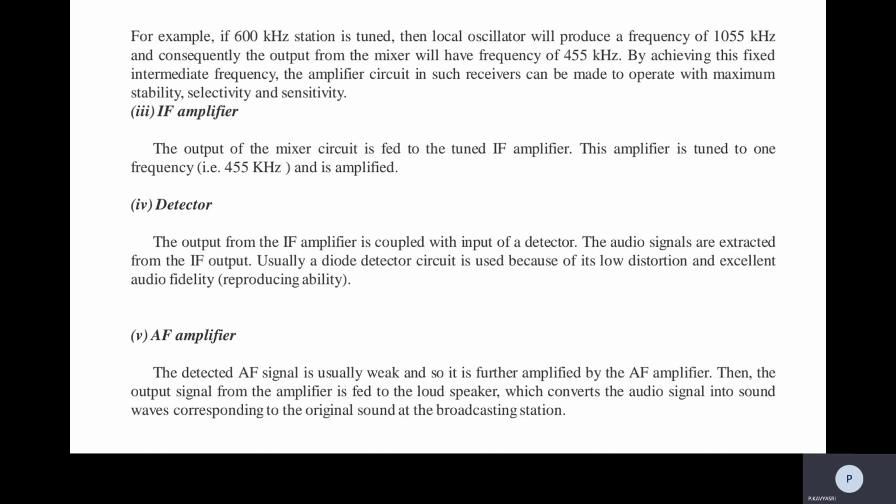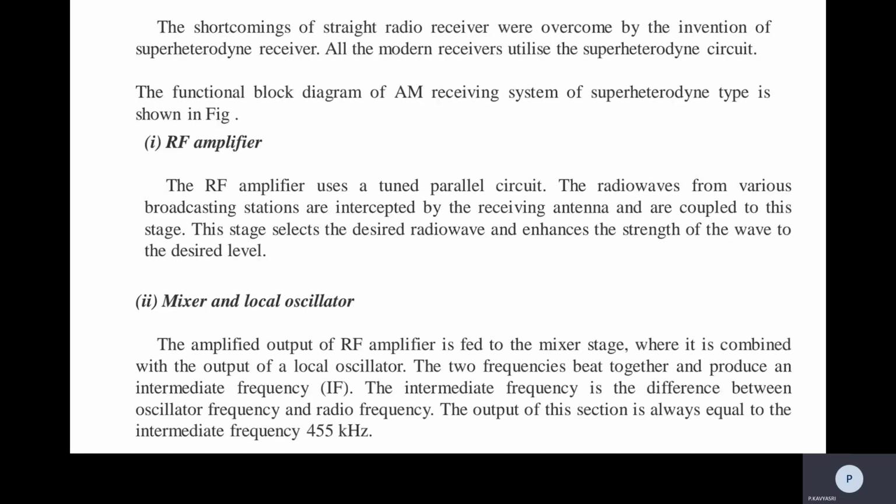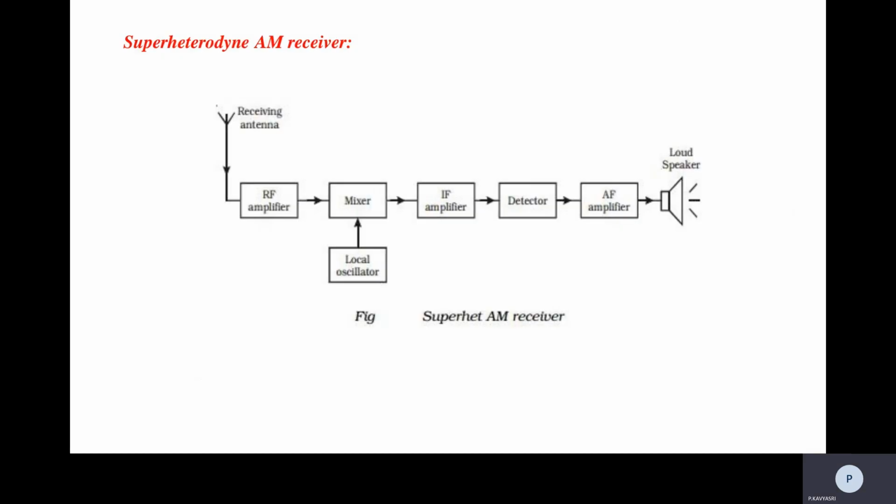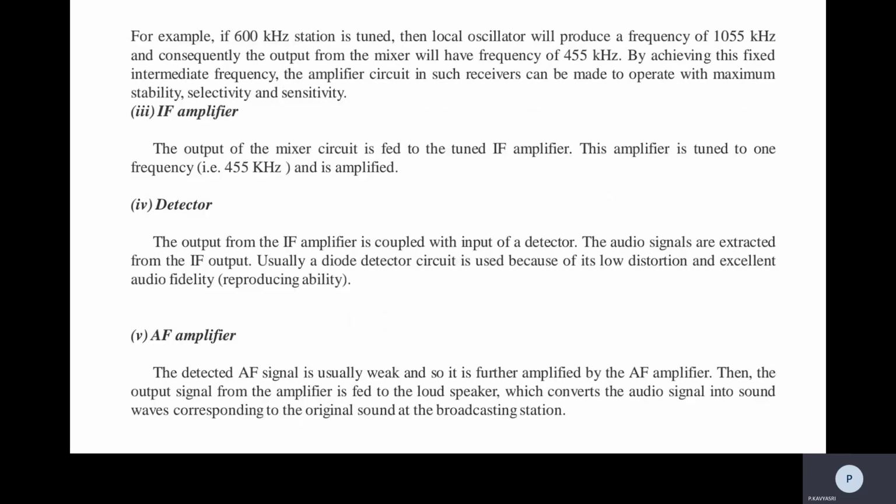So the inputs to the mixer are 600 kilohertz and 1055 kilohertz. At the output side we will get the difference. 1055 minus 600 kilohertz is equal to 455 kilohertz. It produces the difference.